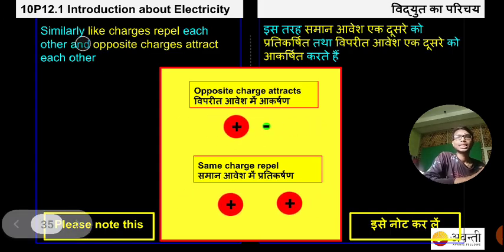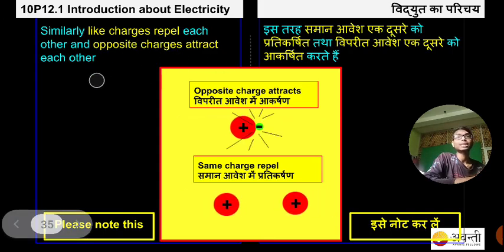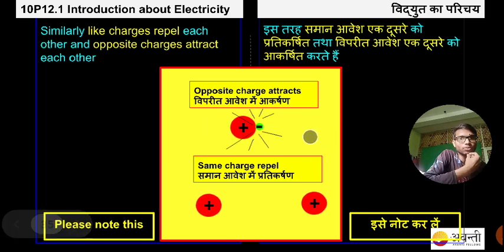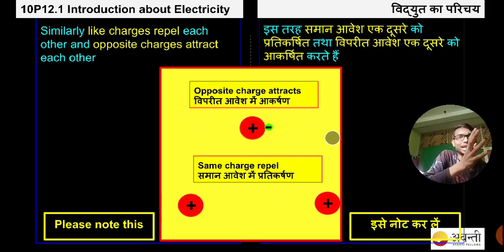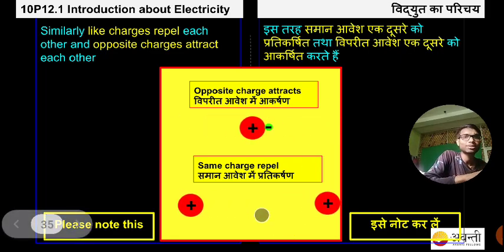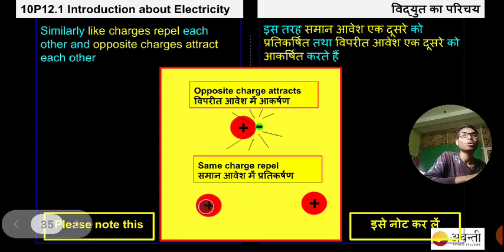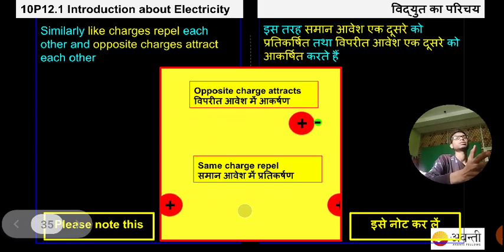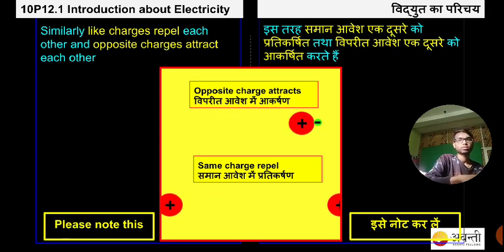Similarly, like charges repel each other and opposite charges attract each other. Here you can see opposite charges: both are different and both are attracting each other. And in this case, same charges, both are not attracting but repelling each other. This is the nature. Let's note this.